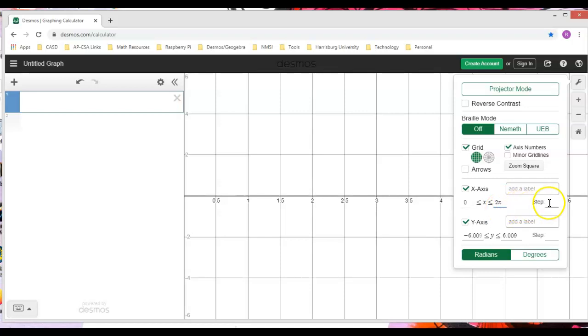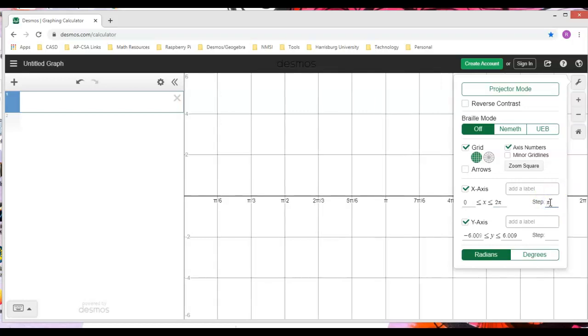Okay, I want the increments between 0 and 2 pi to go by pi over 4. And to get that in there, I typed pi, the letters, the divide symbol, and then the 4. And notice in the background here, it's going from 0, pi over 6, pi over 3, pi over 2, 2 pi over 3, etc. I'm going to press enter.